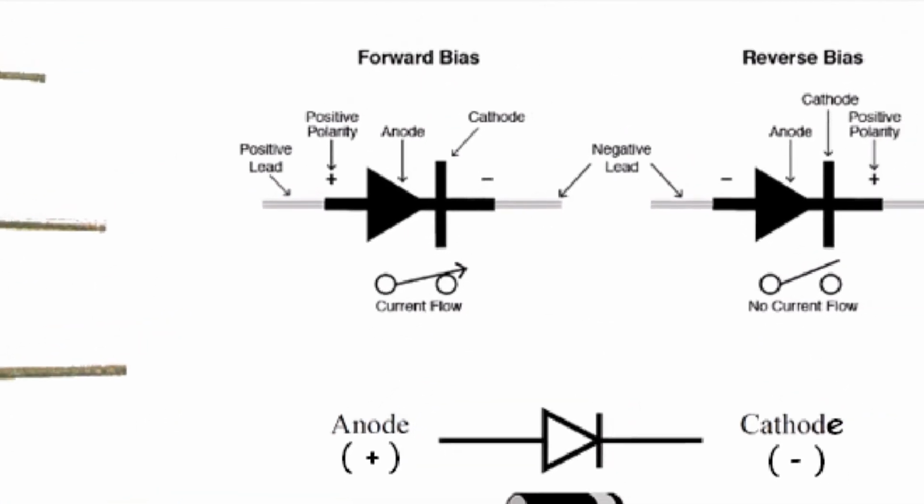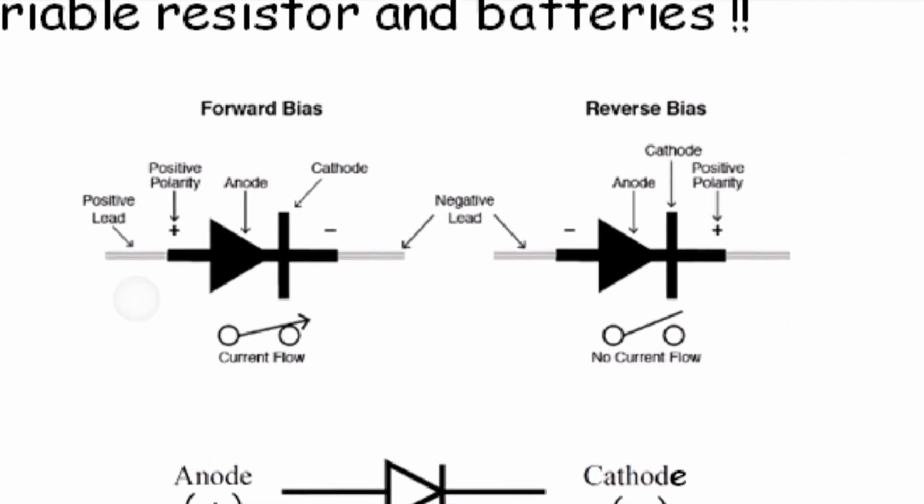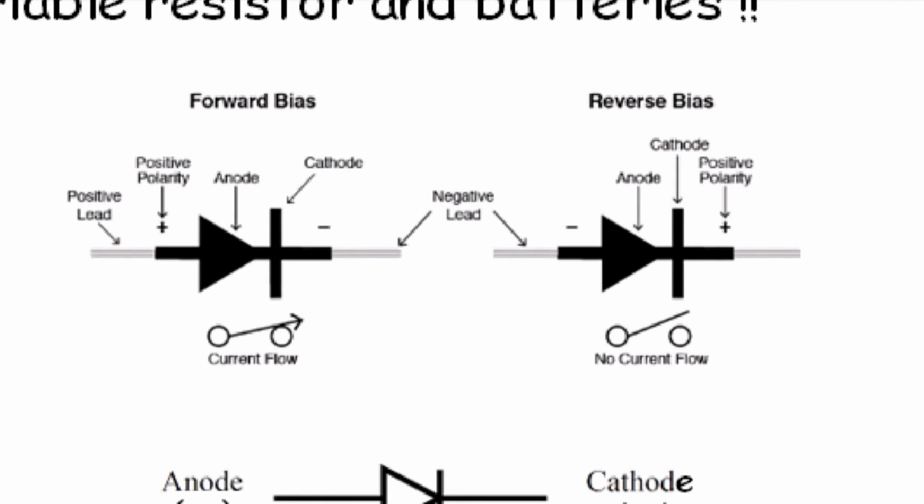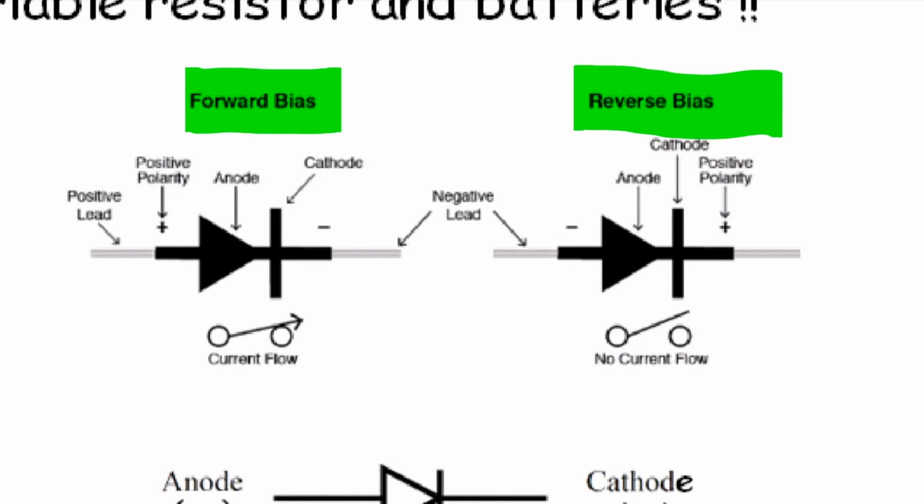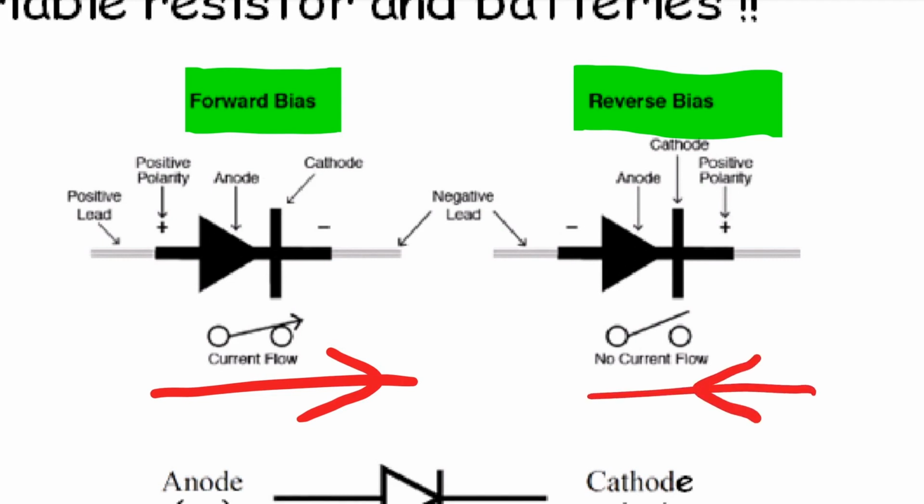These are just the different parts of a diode, but what I want to draw your attention to, importantly, is forward bias and reverse bias. Forward bias is when the current is flowing in that direction. Reverse bias that way.